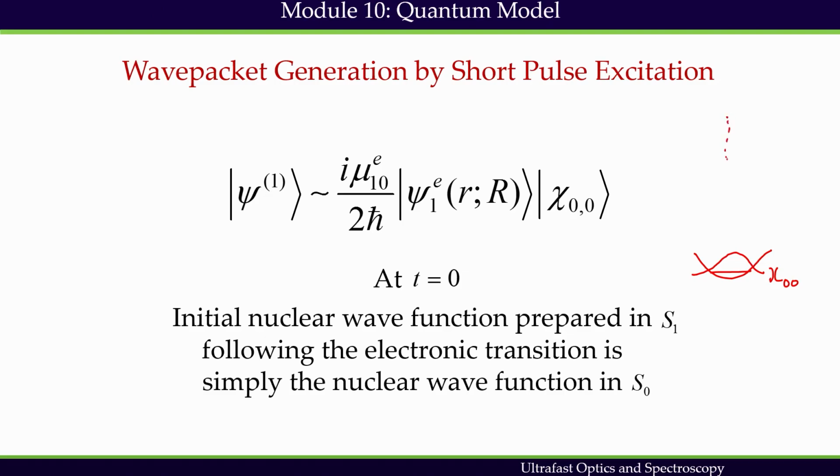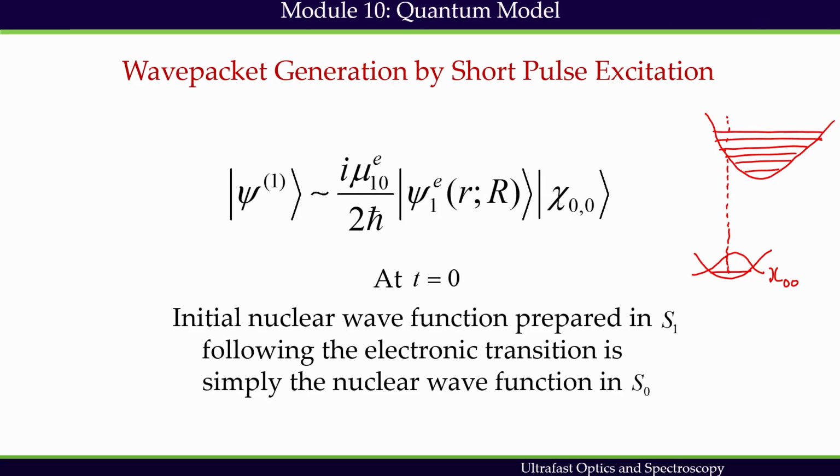On the other hand, we are exciting the system to the electronically excited state with the help of an ultrafast pulse, and in that state we have a number of vibrational states, and we have assumed that we have taken a linear combination of n number of states here.